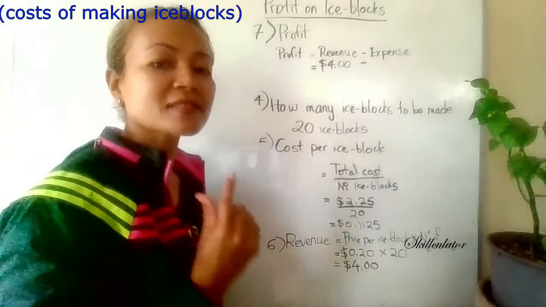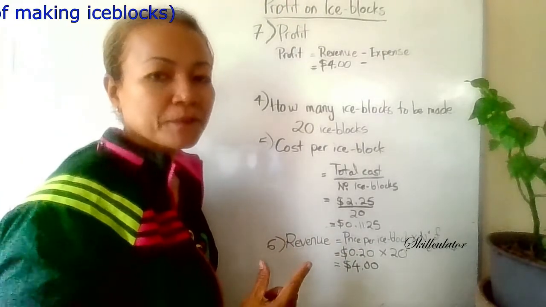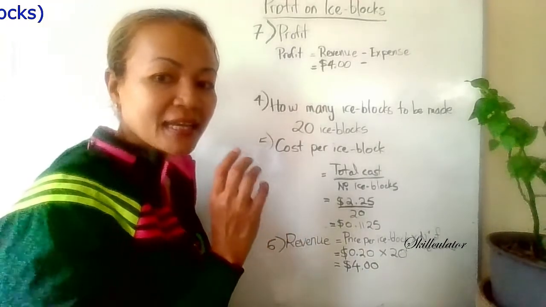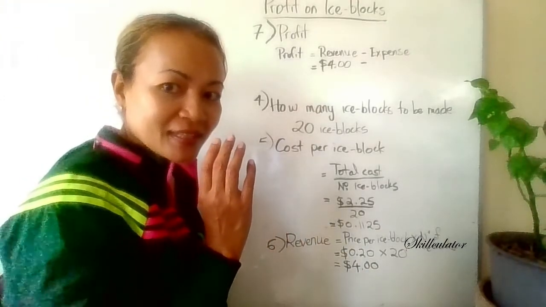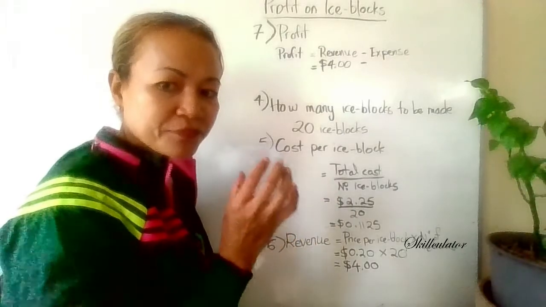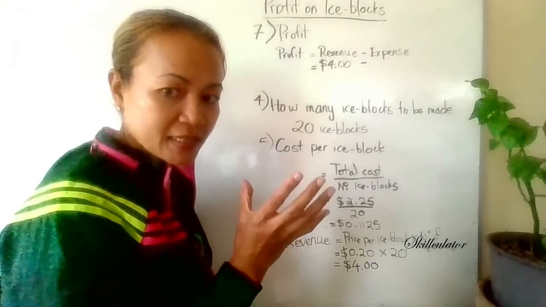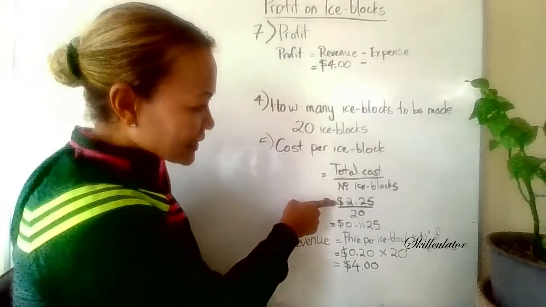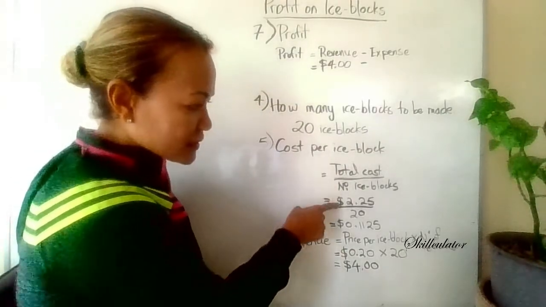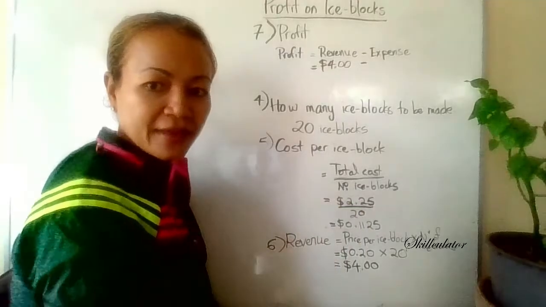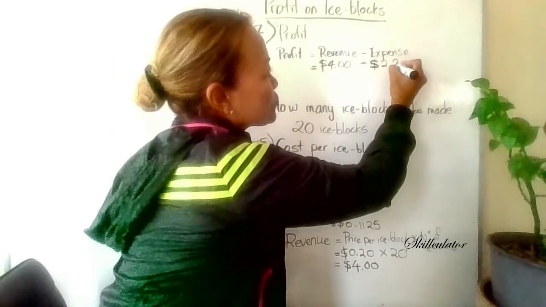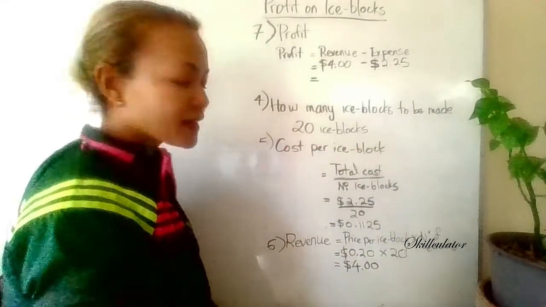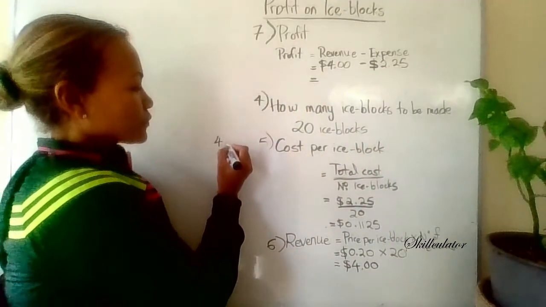The expense specifically associated with the 20 ice blocks. So really the total cost of those ice blocks, the 20 ice blocks. And we'd already calculated it before. If you look at this line here, when we had the total cost, it was $2.25, right? $2.25.